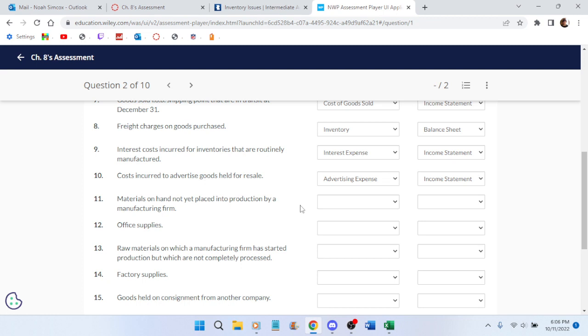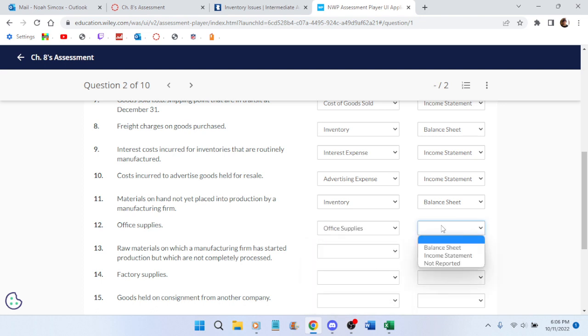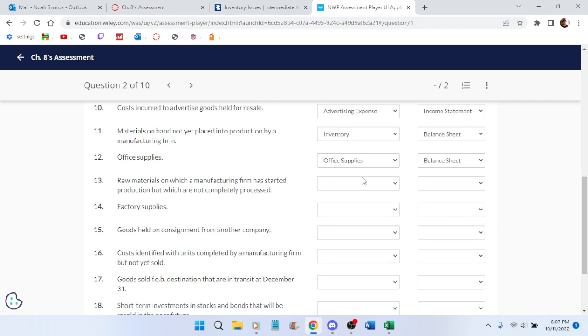Materials on hand, not yet placed into production. That's going to be inventory. Office supplies, we count that as office supplies. So it is. Raw materials on which manufacturers, yes.